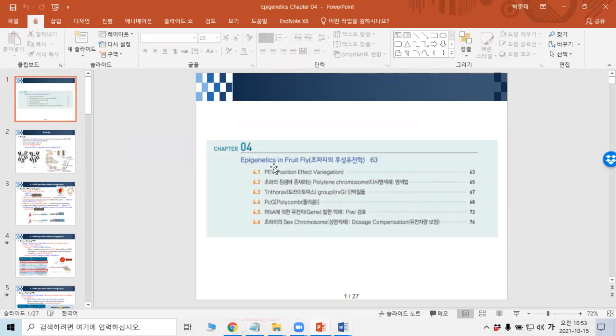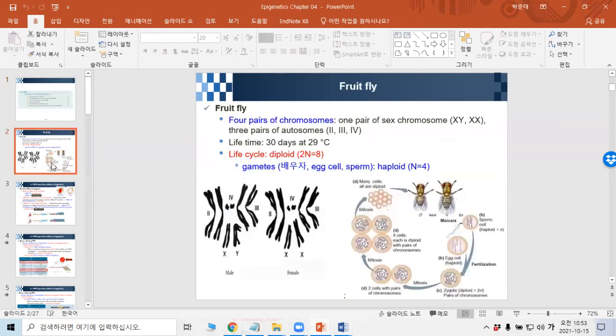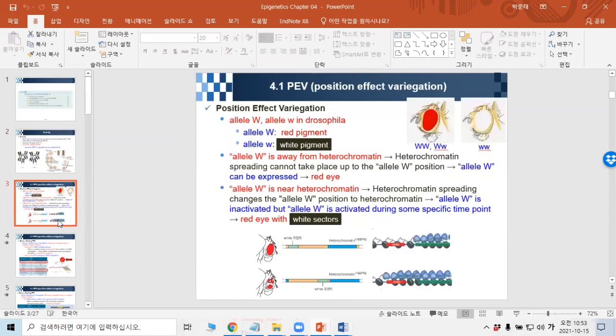Now we will cover epigenetics in fruit flies. So these are the fruit flies. They have 4 pairs of chromosomes, and chromosome 4 is very small, like this. And in chapter 1, we covered position effect variegation.